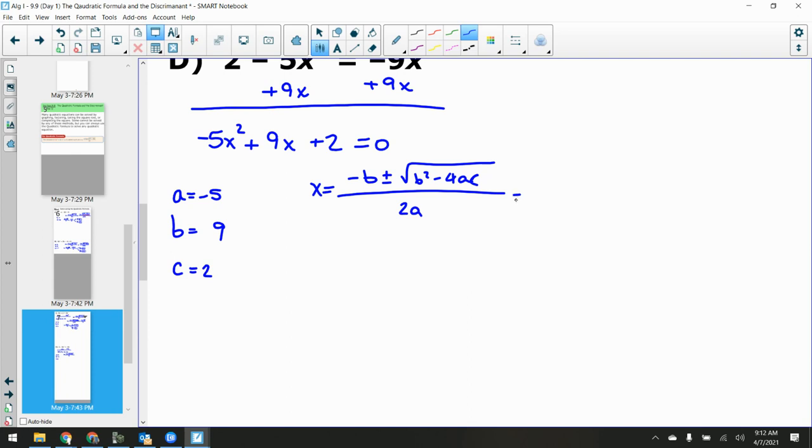The opposite of b. So it was positive 9, so negative 9. Plus or minus the square root of b squared minus 4ac, right? So 9 squared minus 4 times negative 5 times positive 2. All divided by 2 times negative 5.